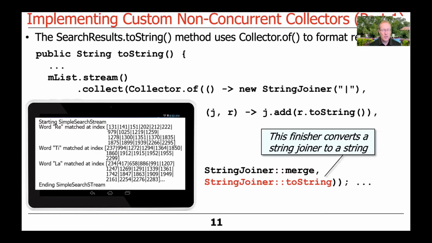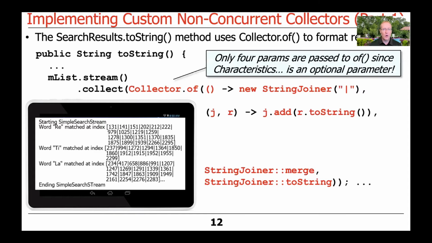So therefore, we use the toString method on StringJoiner, which goes ahead and takes all the internal data structure that's used to build up this joined string with the vertical bar between each of the sub-elements. And then toString will simply convert that into a final string. So that's a nice example of showing how you can use a finisher that's not just the identity finisher. That's why we used this 5-parameter version of collector of, because we wanted to be able to take control over the finisher.